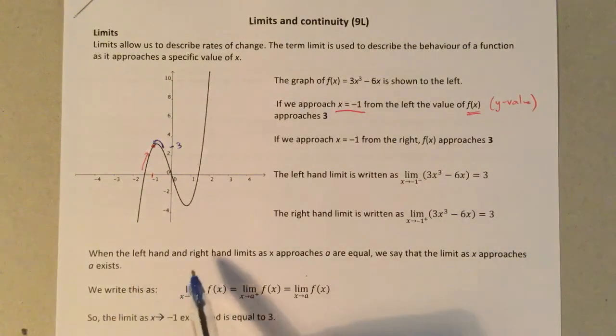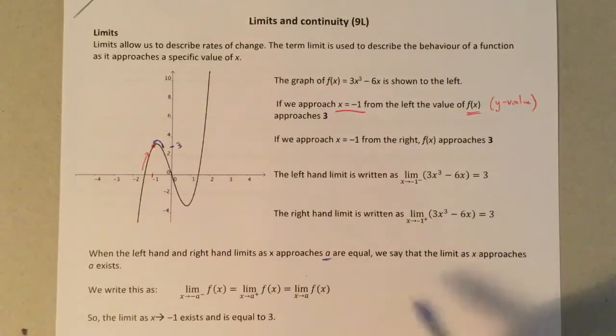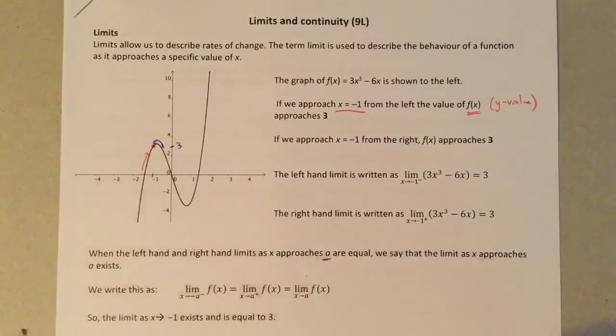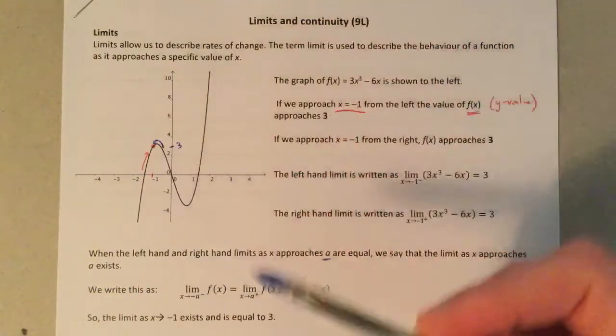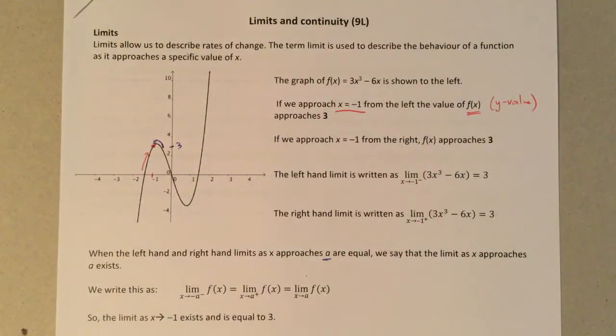So when the left-hand and right-hand limits as x approaches a particular number, a, are equal, we say that the limit as x approaches a exists. Basically, if you're going along a graph and from both directions you're approaching the same point, we say that the limit at that point exists.